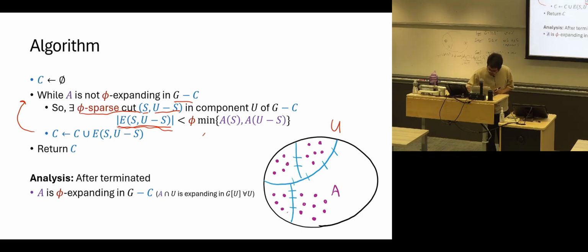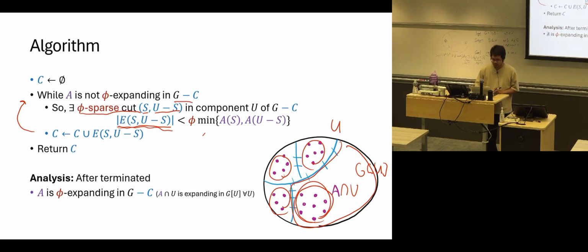That is, in each component U, A intersect U is expanding inside G[U]. So this we have for sure.